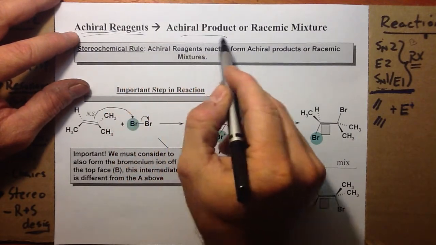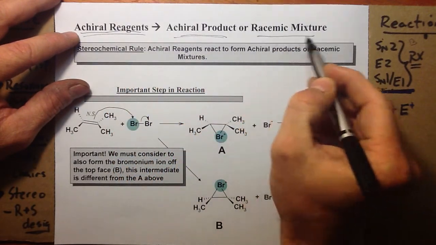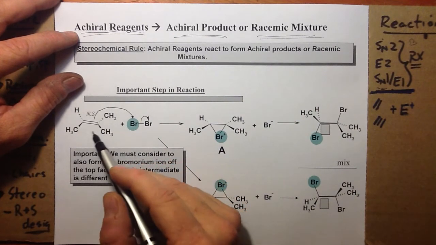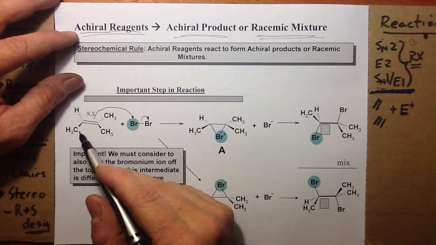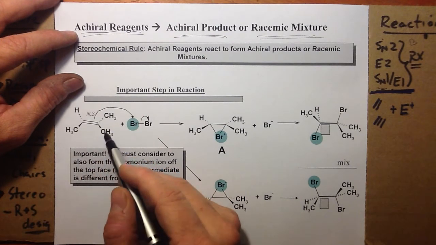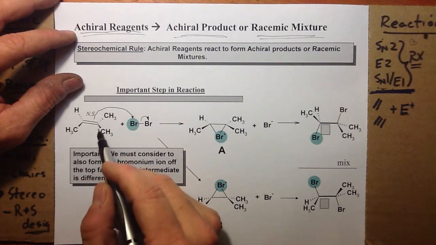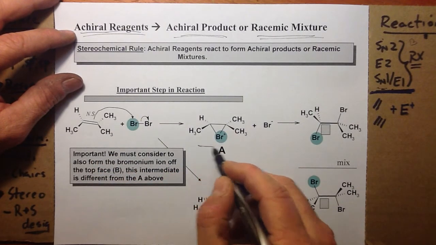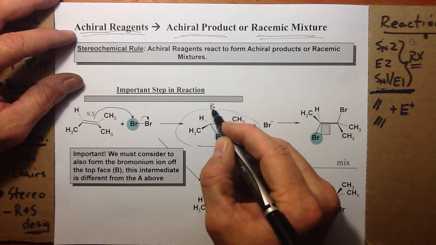Achiral reagents give us an achiral product or a racemic mixture. So let's come back to Br2, and I guess this would be a 2-methylbutene. Let's take this 2-methylbutene and attack the Br2. We make the bromonium ion. That bromonium ion.